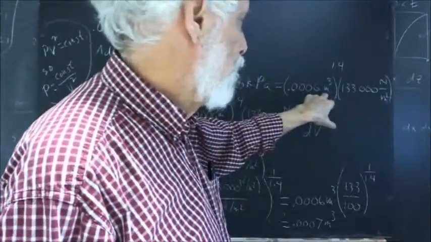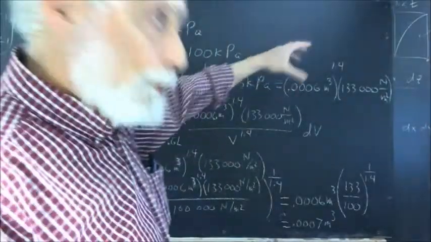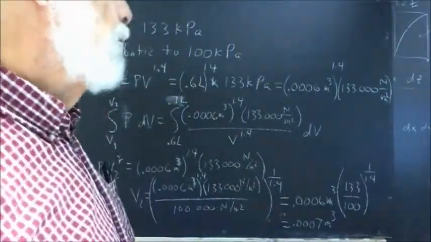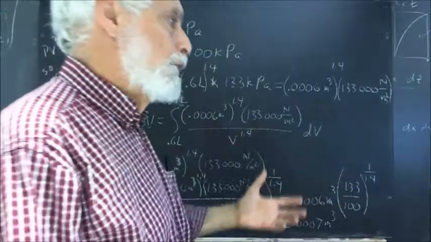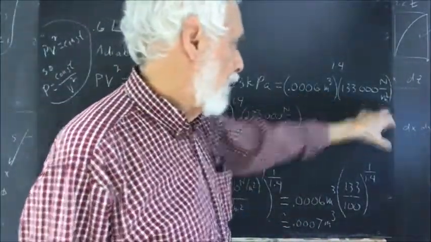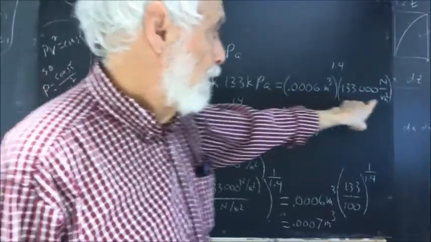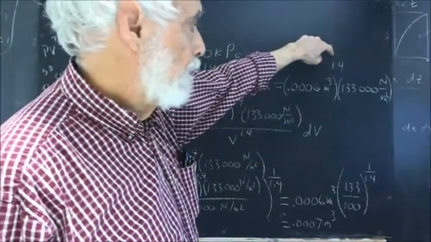We don't want to have liters here and kilopascals over here. You can try to work it out with liters and kilopascals. It's possible. The units of the situation are a lot easier, though, if we keep things as compatible as possible. So I'm writing this now in cubic meters, this in newtons per square meter. This is going to be raised to the 1.4.